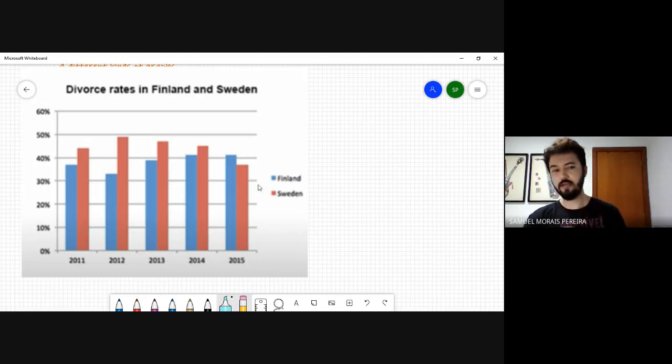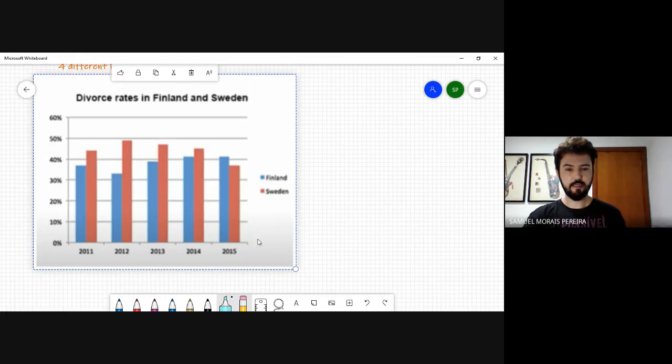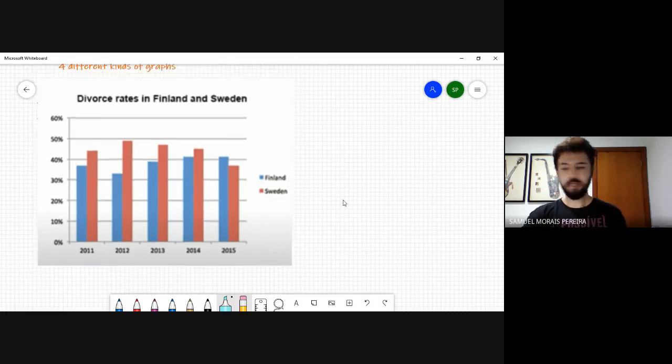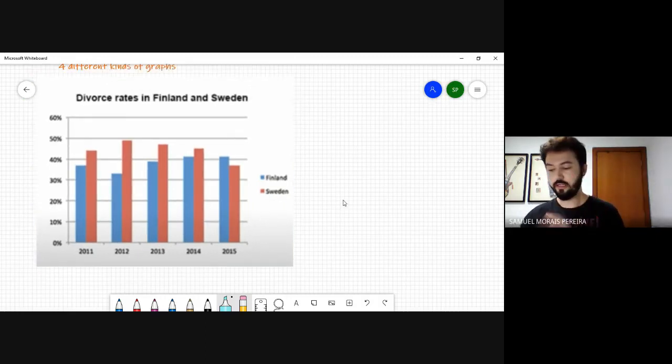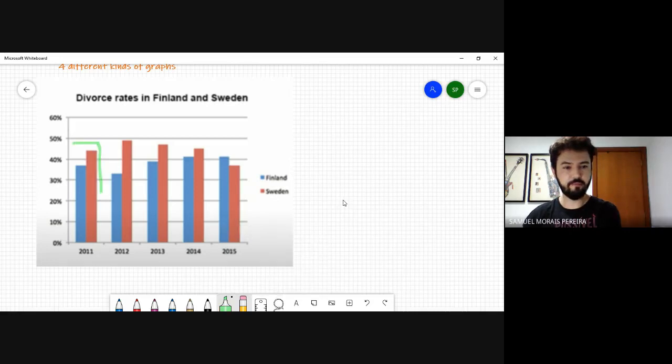So having said that, now let's understand this graph here. Well, so as you can see here, just pay attention to the year 2011, this information here, okay? Just pay attention to this part of the chart.